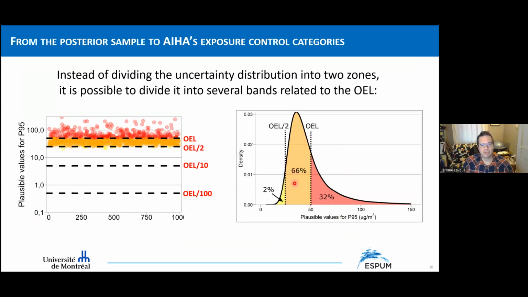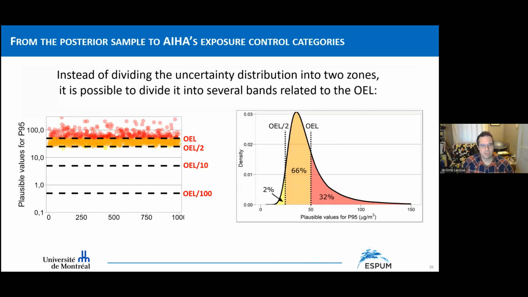So basically, you look at the chances that your true 95th percentile is above the OEL divided by 2. Yeah, and it's only a theoretical safety net, I guess, a bit similar to the AIHA banding method, which is not something we use.